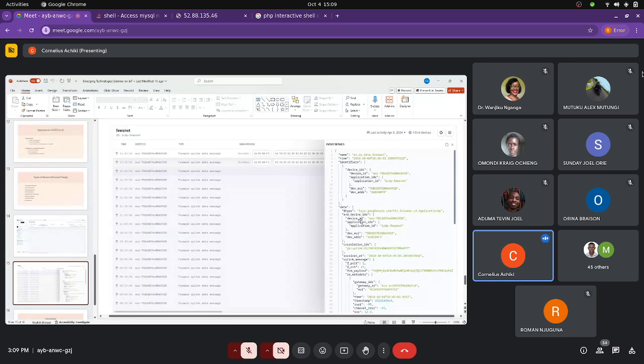For each device, you have a unique ID. It's like a fingerprint that cannot be assigned to any other device. We have an endless number of devices in the Internet of Things ecosystem, and each has its own unique identifier.